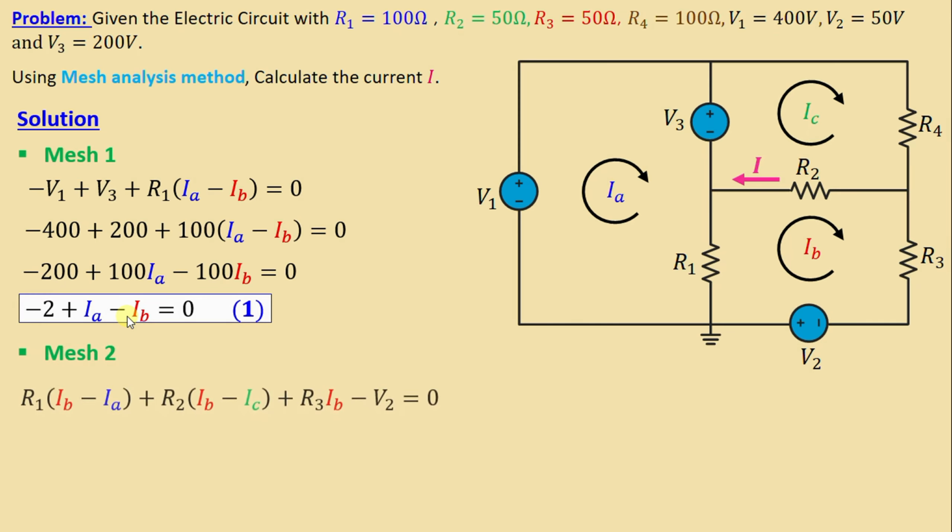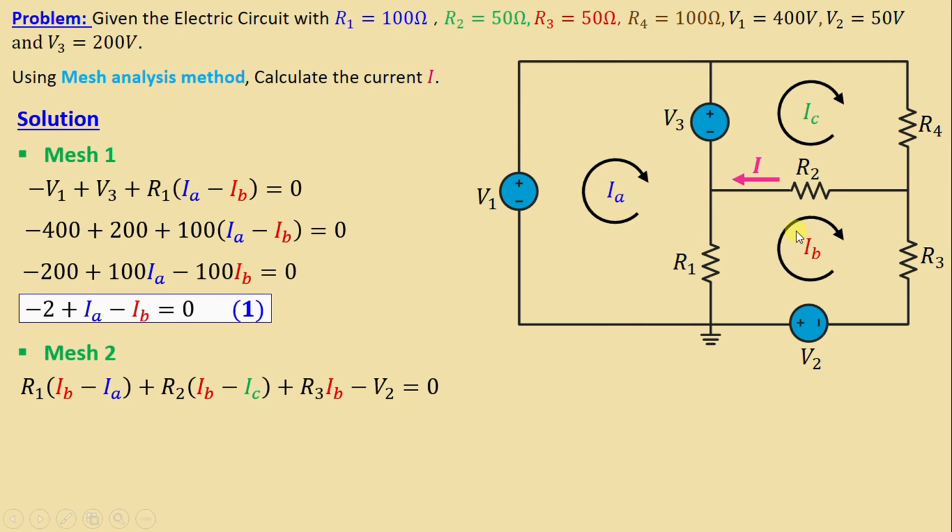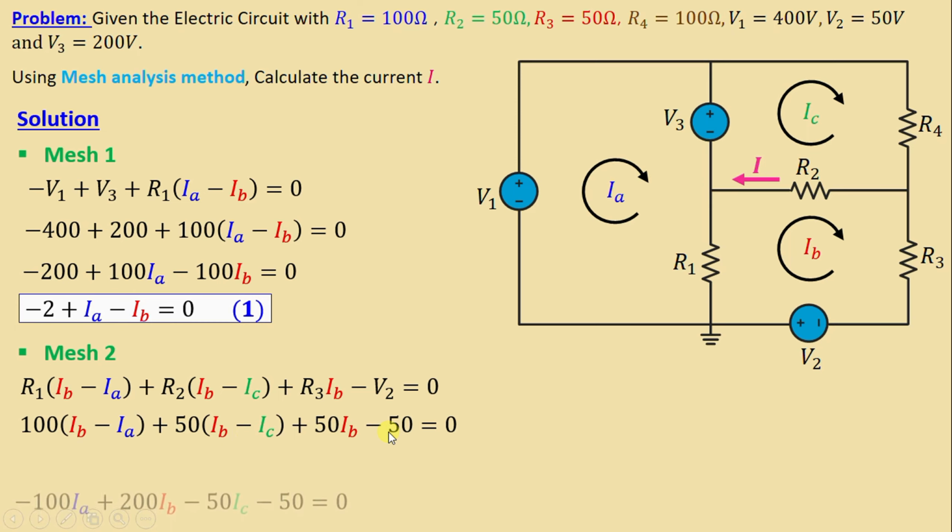By applying KVL in mesh 2, we can write R1 (IB minus IA), R2 (IB minus IC), plus R3 IB minus V2 is equal to 0. By replacing the resistors and voltages with their numerical values, we obtain 100 (IB minus IA) plus 50 (IB minus IC) plus 50 IB minus 50 is equal to 0.